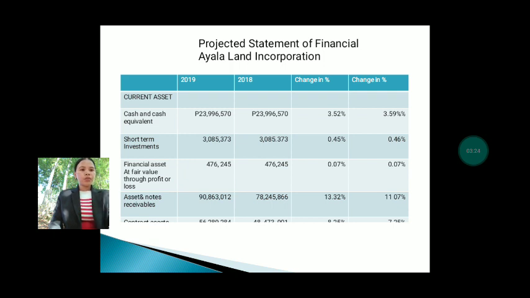So in the previous year it is an increase, and in the present it is a decrease. The decrease in 2019 is 0.7%. The same process applies to all accounts.